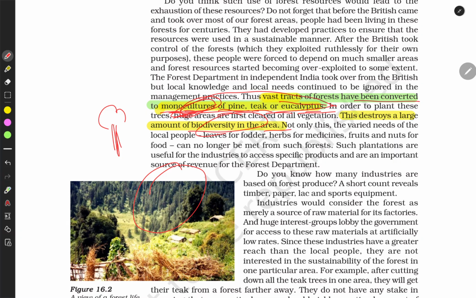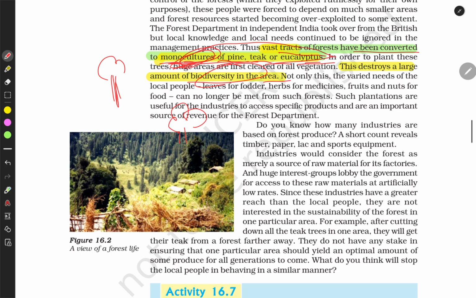If you visit Himachal Pradesh and Uttarakhand, you will see a large number of pine trees, because this was not natural, and it was planted during the colonial period.